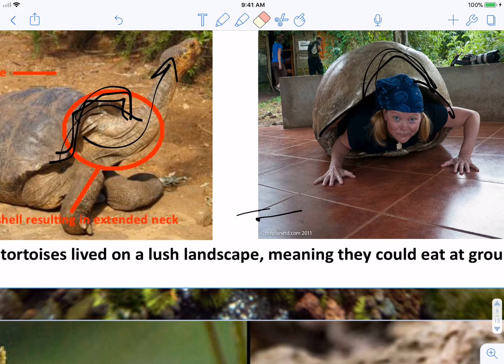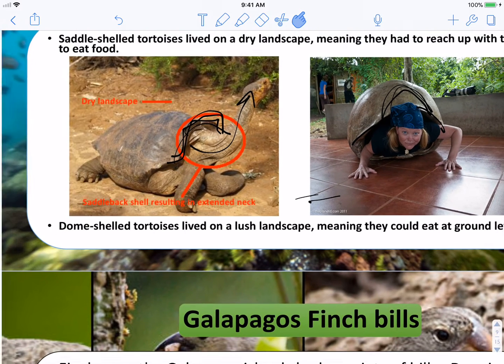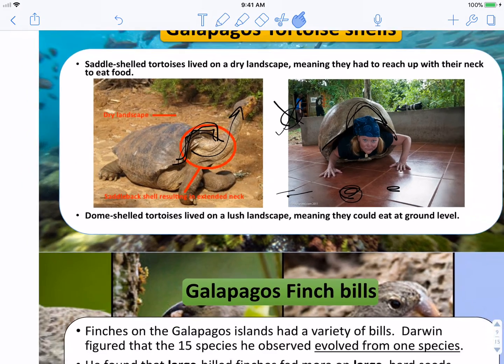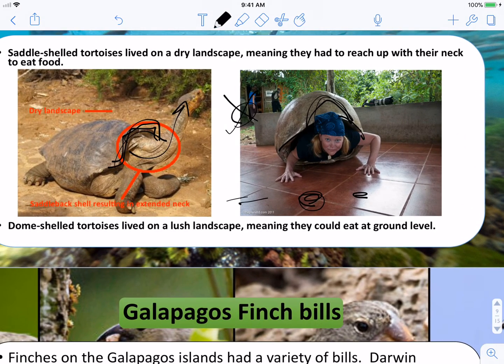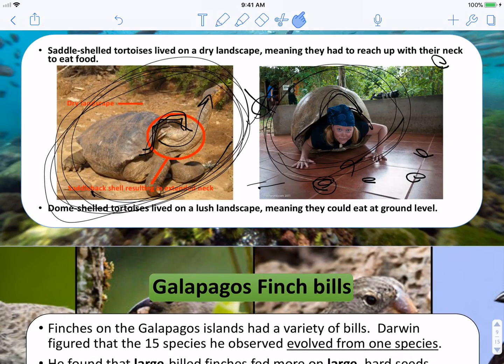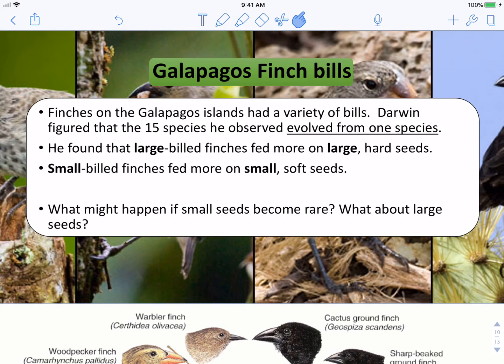So this one has to eat food off the ground only. So if your food is high up, then the tortoises with that mutation are going to survive on that island. But if your food's on the ground, these guys are going to survive on that island. So depending on where your food is, you're going to have a different shell of tortoise.